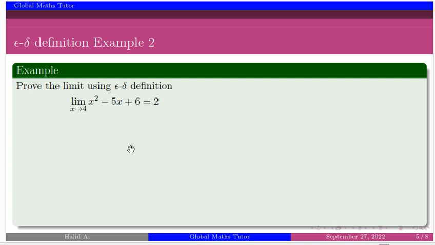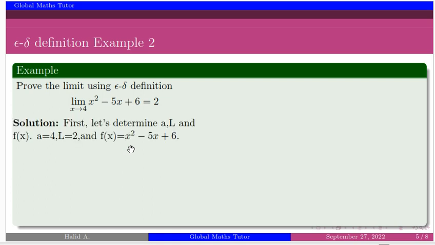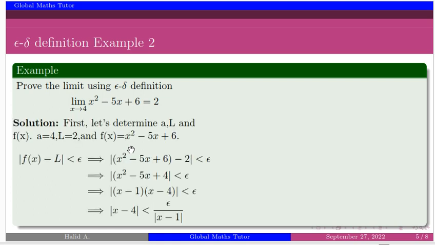Then assume that epsilon is given and try to manipulate |f(x) minus L| in terms of |x minus a| less than something. So we start from |f(x) minus L| less than epsilon, and we try to get |x minus a| less than something.